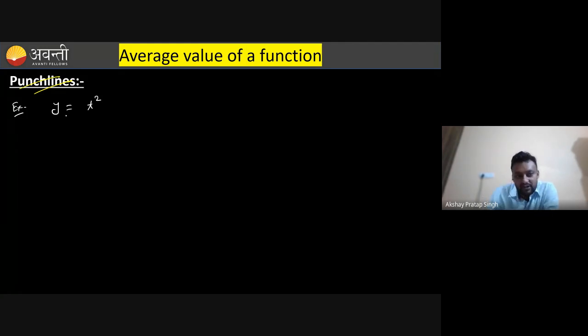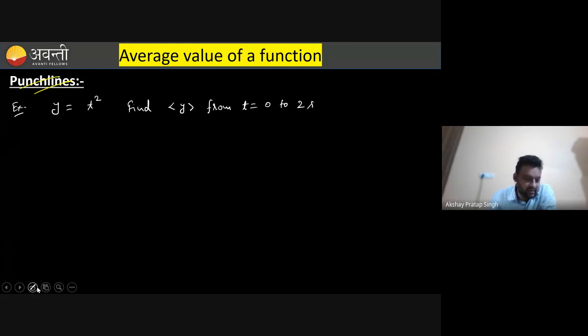Now, the question is: y = t² is given and they are asking to find the average value of y. Can you identify this symbol, average value of y, from time 0 to 2 seconds?